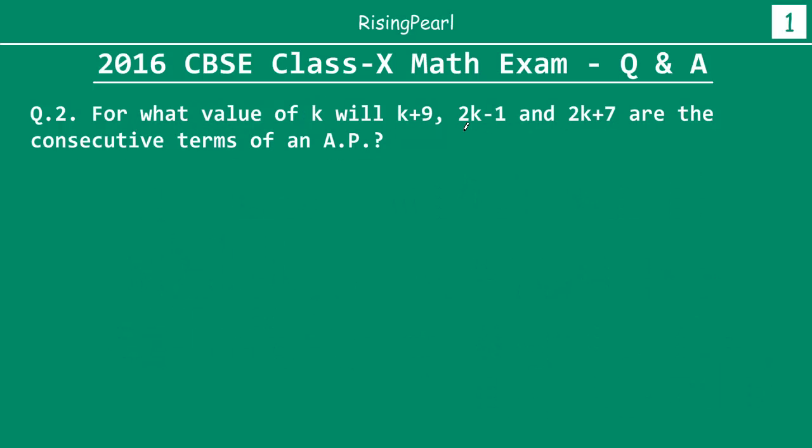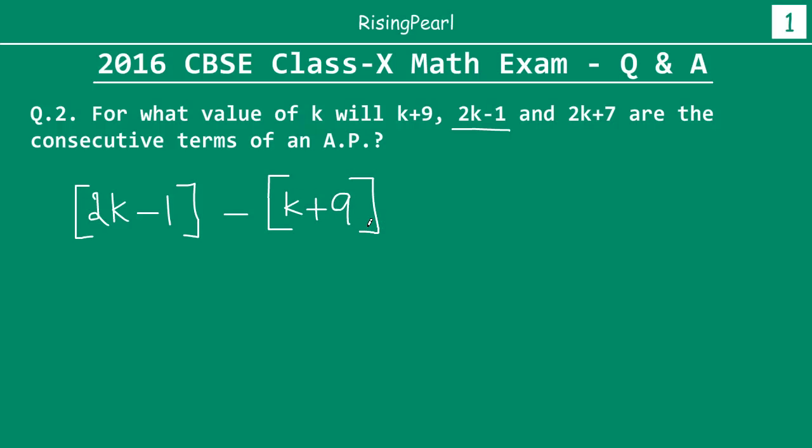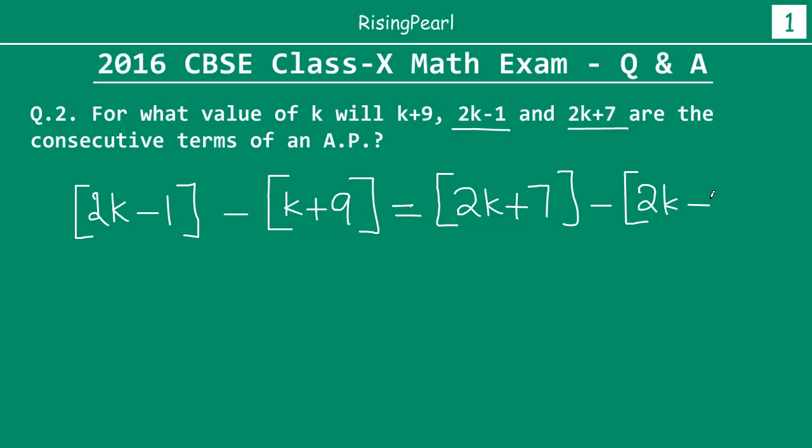So what we want to do is write this term, 2k minus 1, minus the first term, which is k plus 9. This should be equal to the common difference, which is going to be the same as this term, 2k plus 7, minus this term, 2k minus 1.